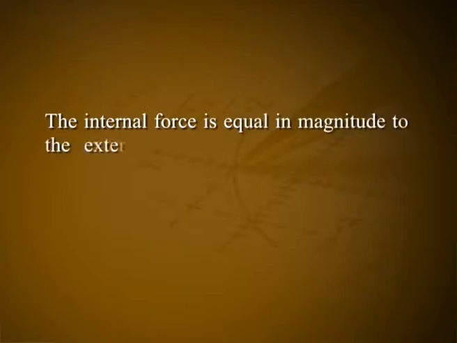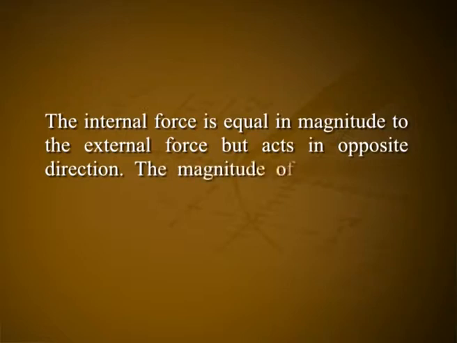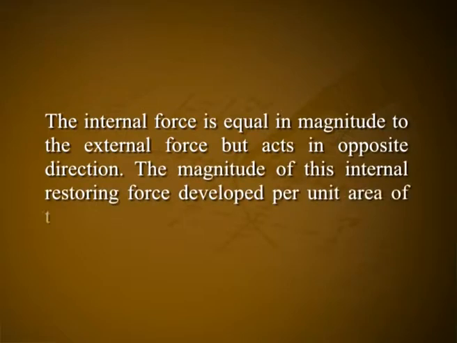The internal force is equal in magnitude to the external force, but acts in the opposite direction. The magnitude of this internal restoring force developed per unit area of the body is called stress. Its dimensions are M L raised to minus 1 T raised to minus 2, and units are N per m square.